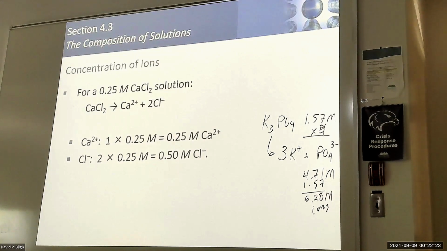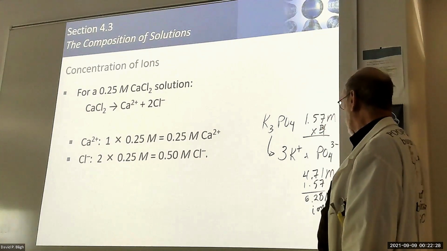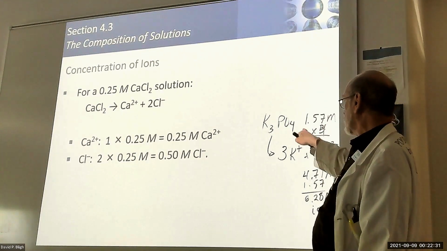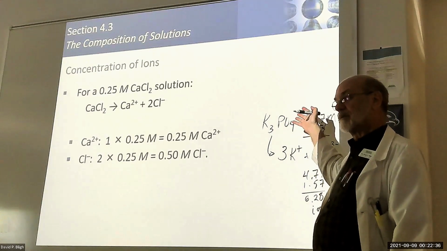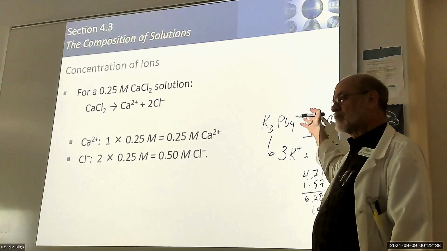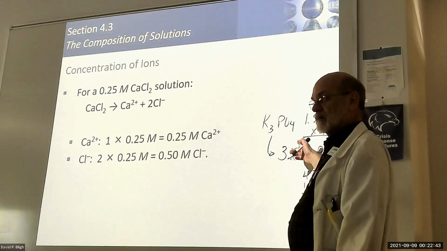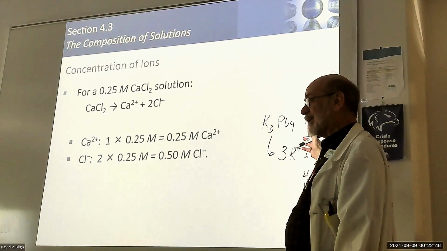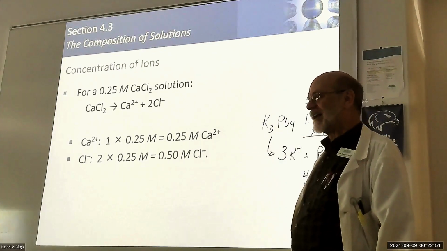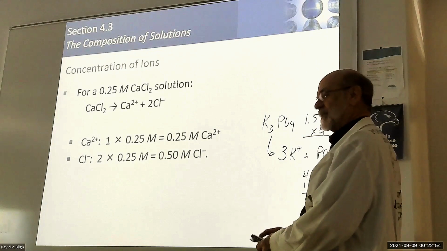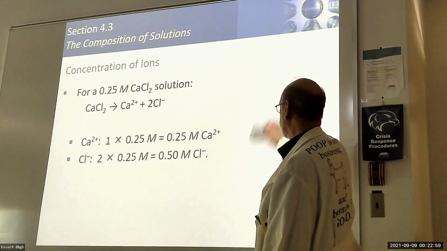But if you're in the life sciences, or the health professions in particular, if you fix up a solution that's a certain concentration of salt, inject it in your patient, stick it in their veins, but you don't take into account the fact that it's dissociating, it will be, in this case, hypertonic to the patient. It'll cause their blood cells to shrivel, and you'll kill them. So it's important to understand this concept, especially for health professions.